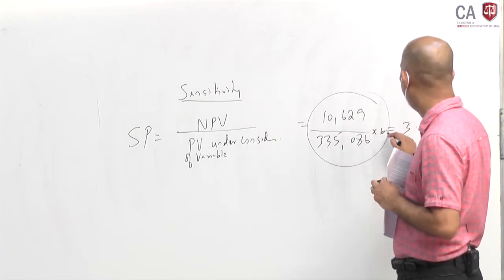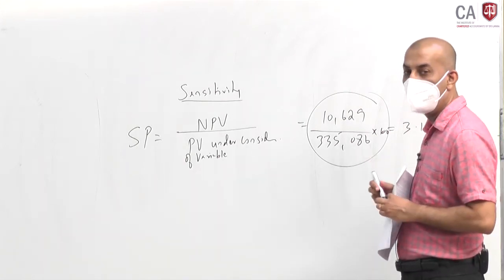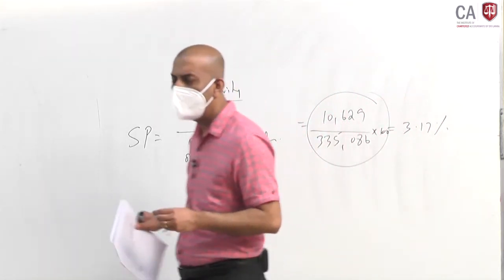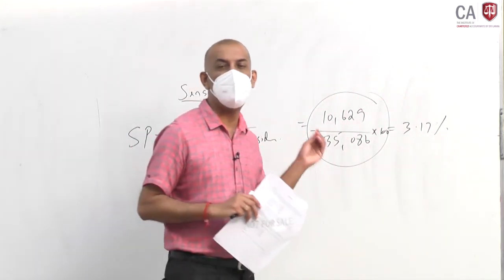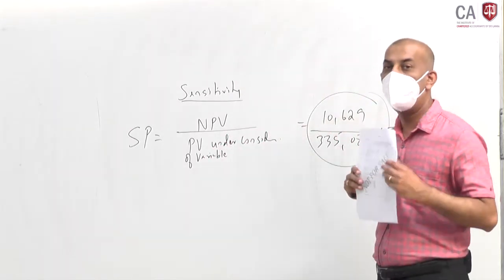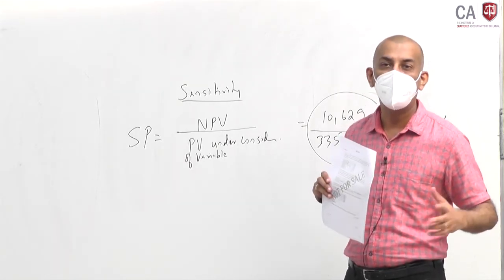You multiply by 100, 3.17%. So this gives you the sensitivity of selling price to the NPV. What do you mean by this? If the selling price drops by more than 3.17%, your project becomes non-viable.